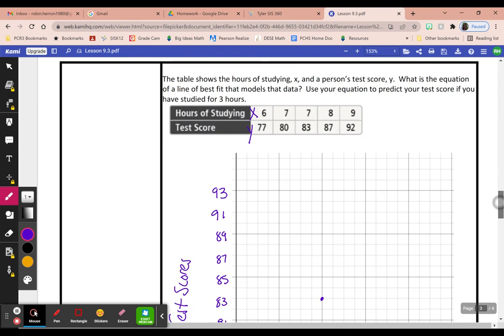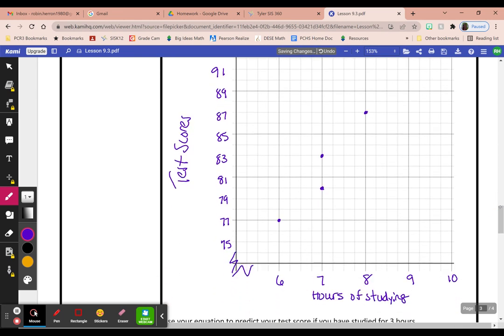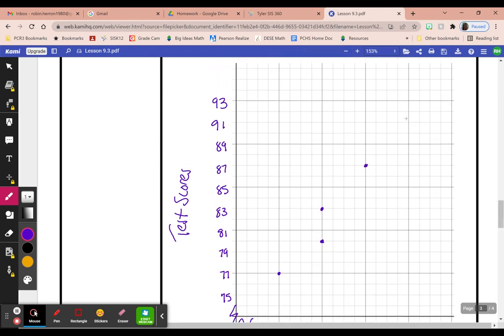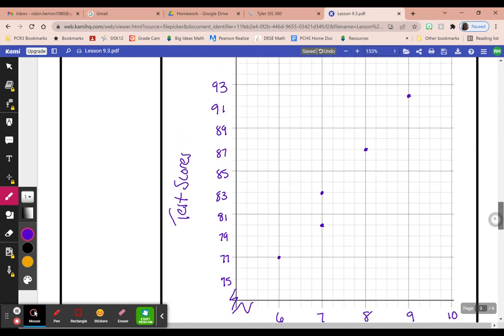Okay, then we have 8 at 87. And we have 9 at 92. Oops, sorry. 9 at 92. Okay, so then we need to make a line, right, that goes through.